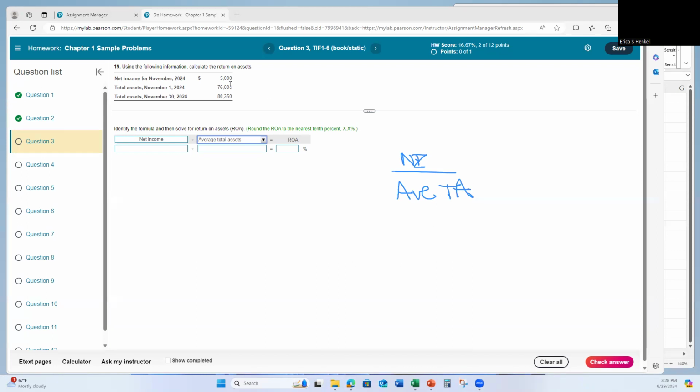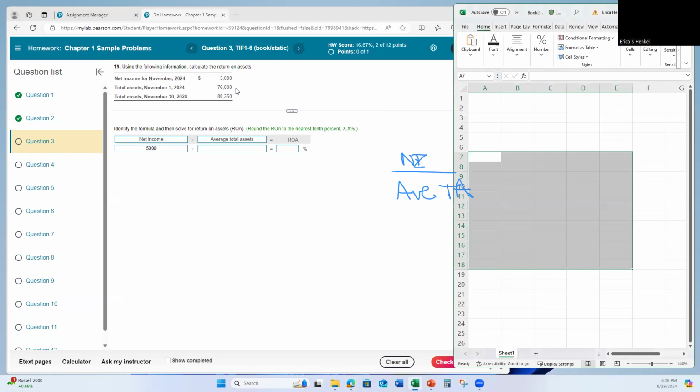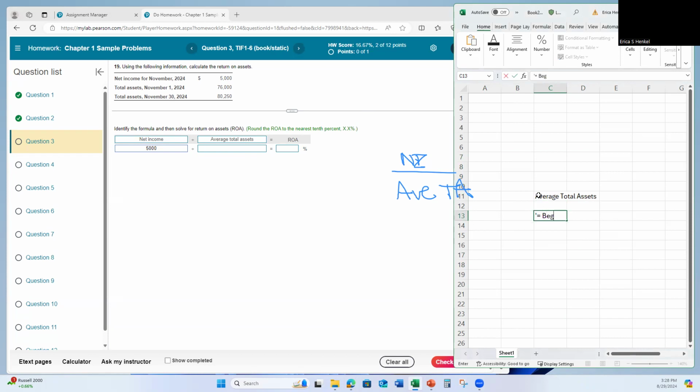They gave us the net income, which is easy enough, just plug that in, but then we have to calculate our average total assets. In order to do that, they gave us our beginning assets and our ending assets. So our average total assets is going to equal our beginning total assets plus our ending total assets, and we're going to take that amount and divide it by 2.